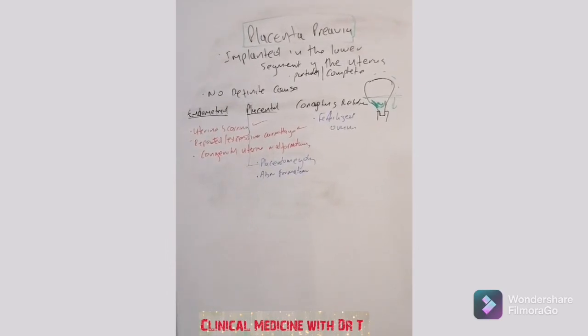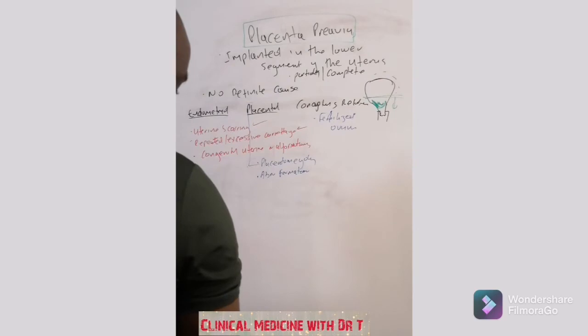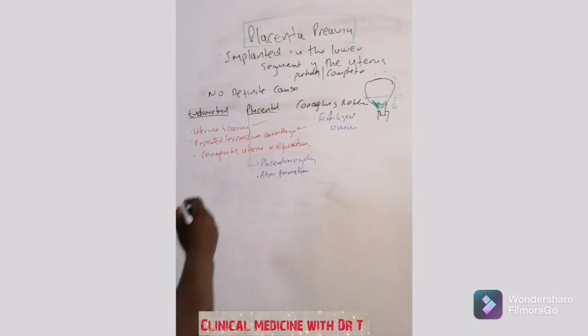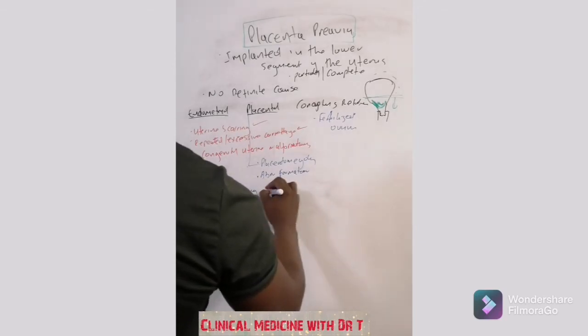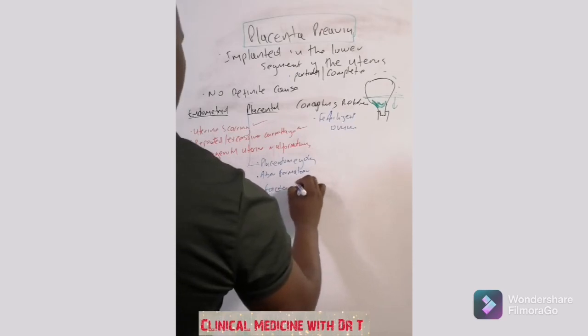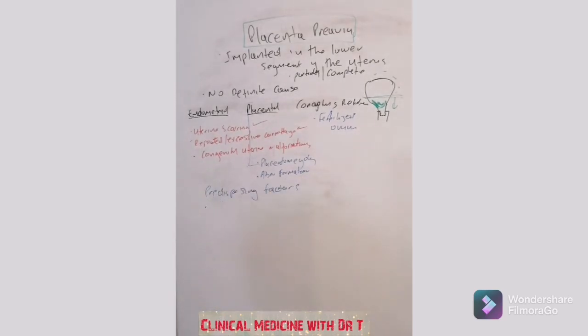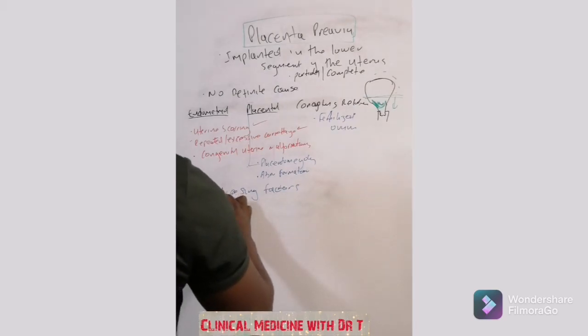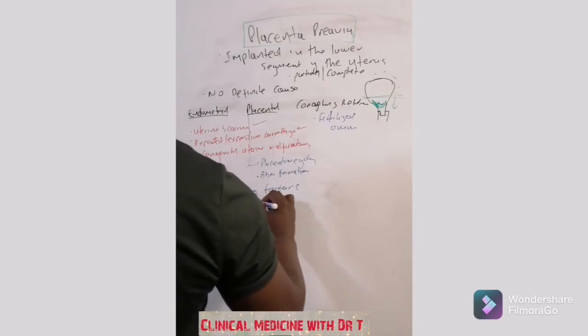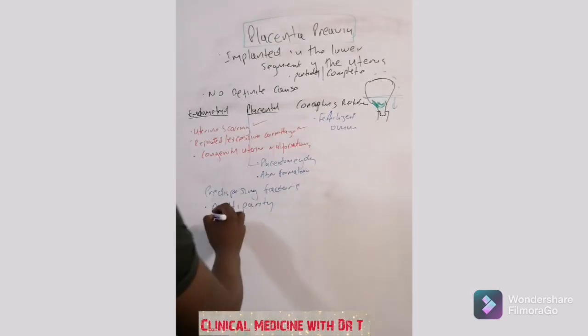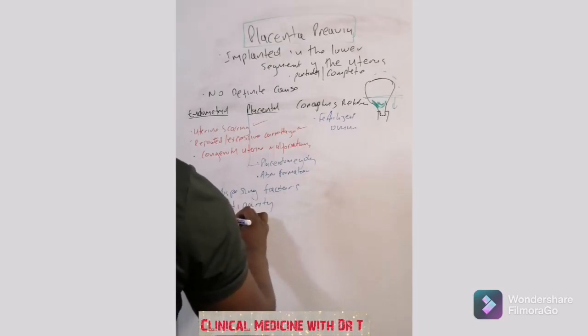And then there are things that they call predisposing factors: multiparity, advanced maternal age.